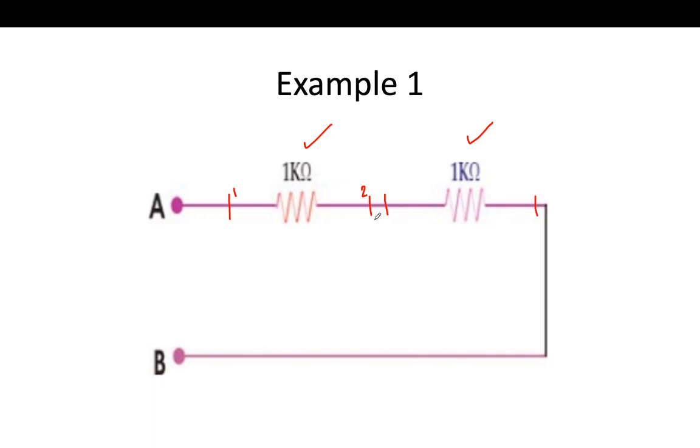The ending point of one resistor is connected with the starting point of another resistor without having any junction or joint or connector in between them. So this means the two 1 kilo ohm resistors are connected in series with each other.